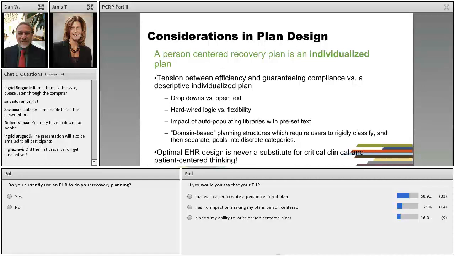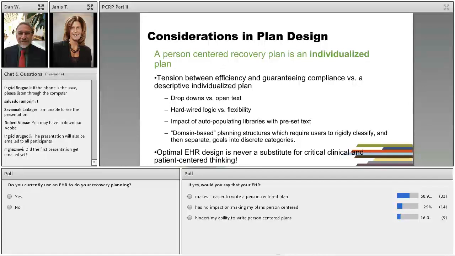Okay? We feel pretty strongly these tend not to have a place in a person-centered plan because it's not so cookie cutter. And the procedures we're doing tend not to be so standardized that they're not individualized to the individual.